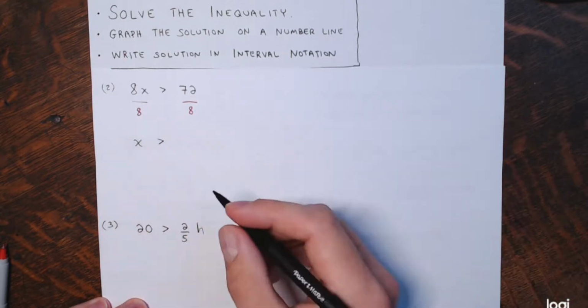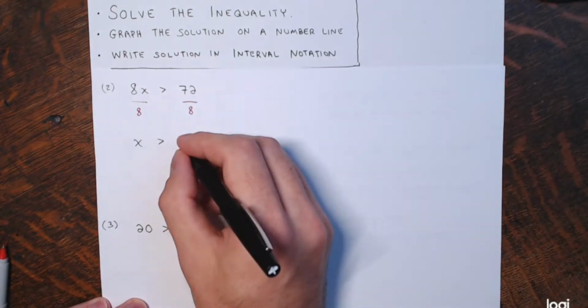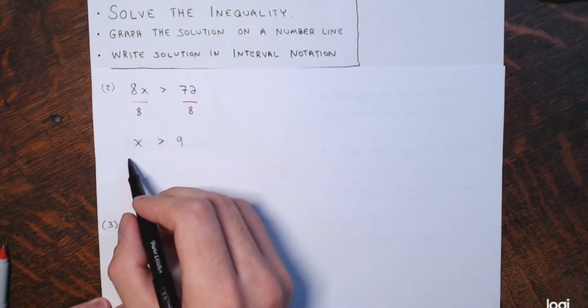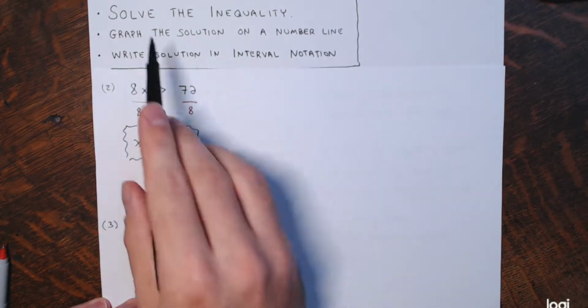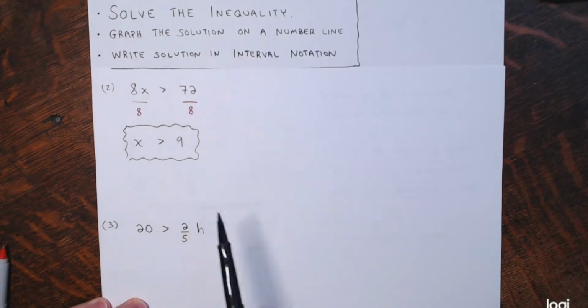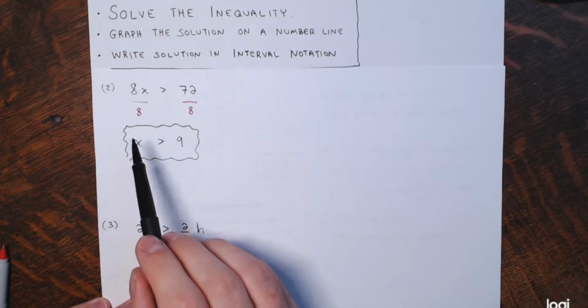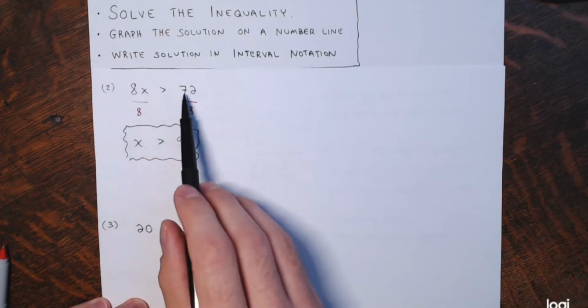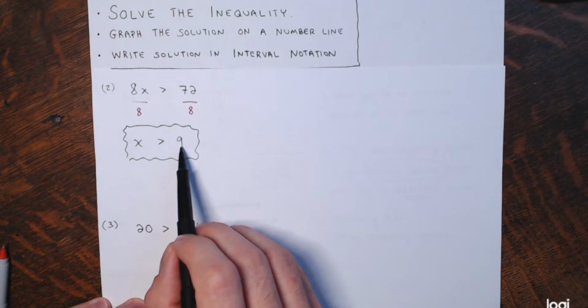And then 72 divided by 8 is 9. And there we go. That's part 1. I solve the inequality. All the numbers that are solutions to that original inequality, numbers that I could plug in and make a true statement, are all the numbers greater than 9, but not equal to 9.